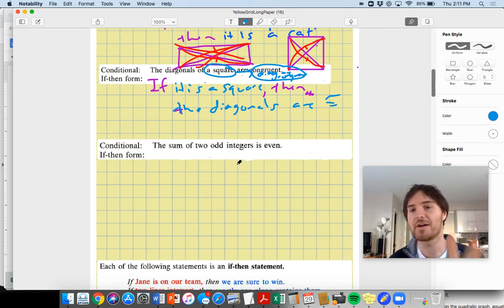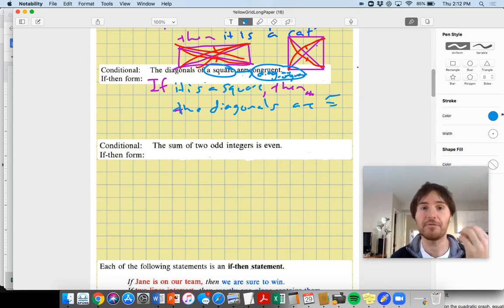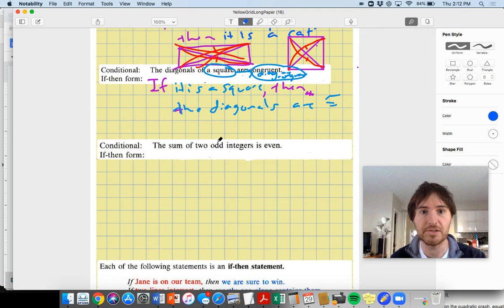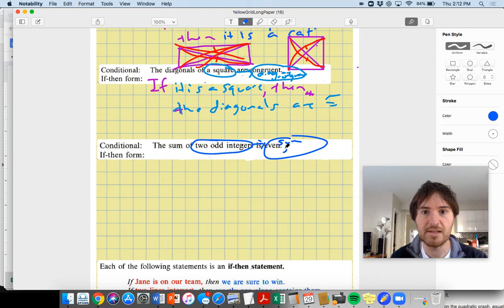All right. Anyways, we've already done 2 examples. Let's just do this one quickly. The sum of 2 odd integers is even. Okay. So that's a fact here. We add 2 odd integers, we're going to get an even number. That's a provable fact. You can prove that later in your high school experience. So if we have 2 odd integers, then the sum is even, right?